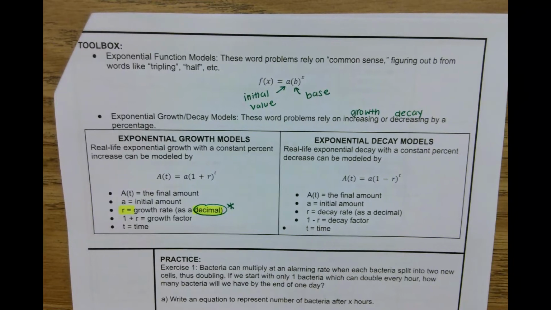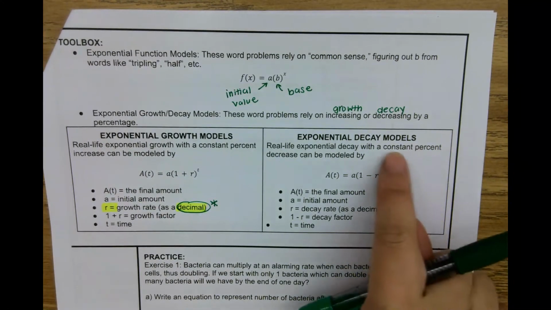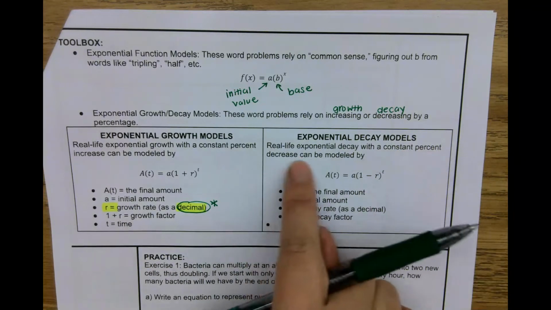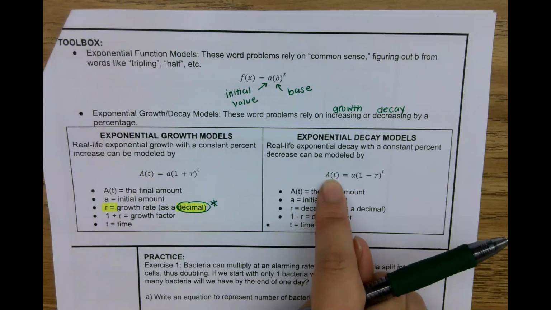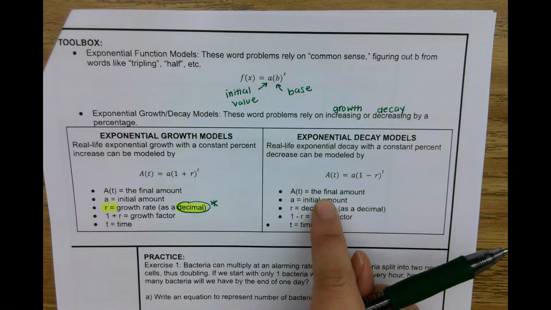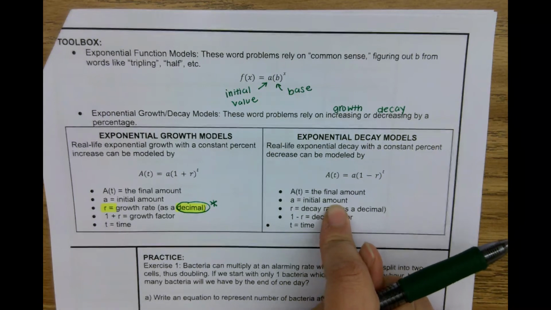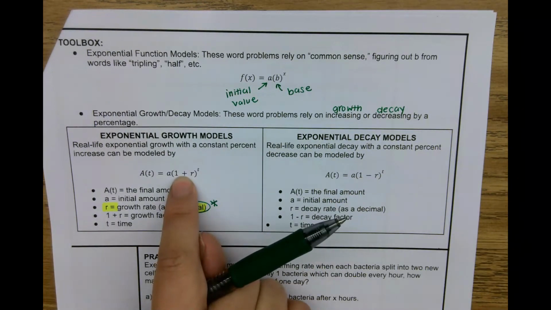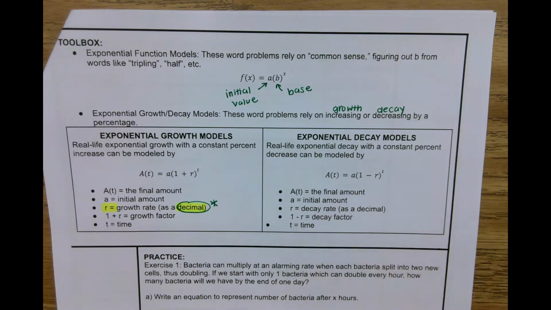Exponential decay is the same thing, except it's percent decrease. It looks very similar. It also starts with A of t, which is our final amount, equals a, which is our initial amount. The difference is that while growth is 1 plus r, decay is 1 minus r.